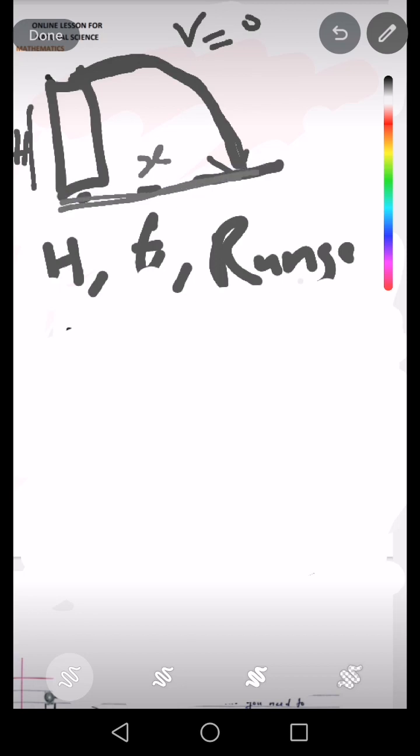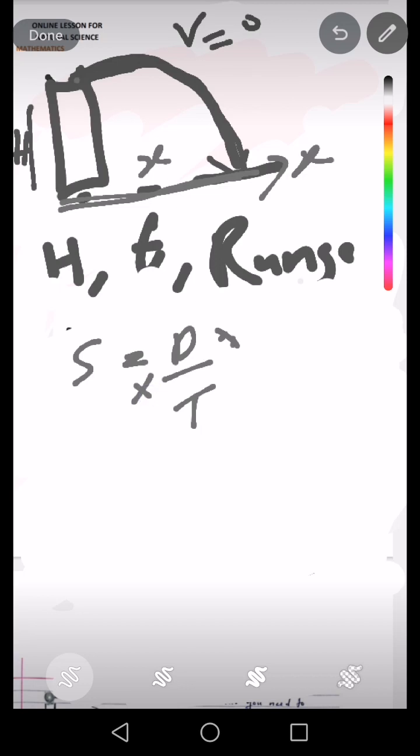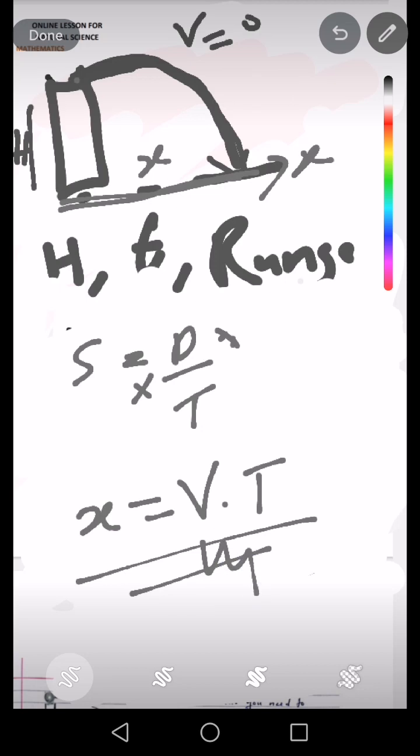The ball is moving, but the distance covered on the x-axis is what we call the range. And we know speed is equal to distance over time, and here we just want the distance. So just cross multiply. Distance is equal to speed, here denoted by velocity, times time. Yes, that is the range. This is simple and easy.